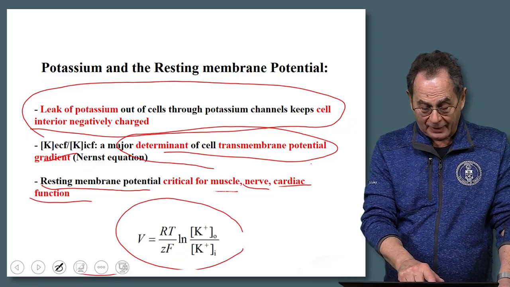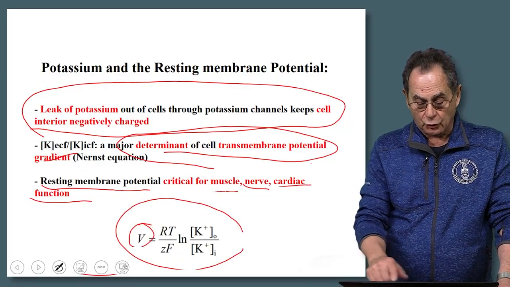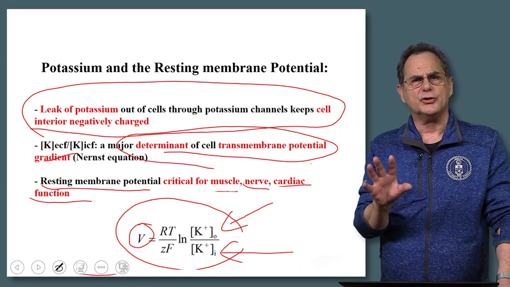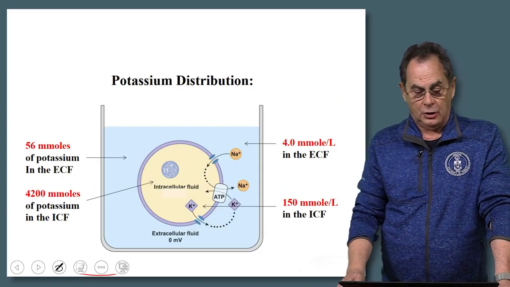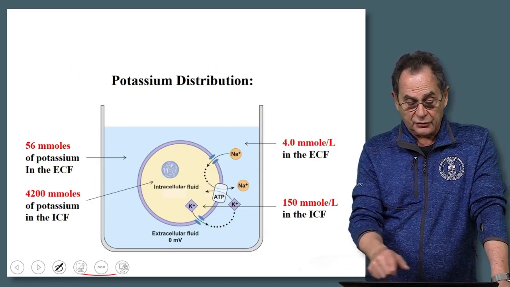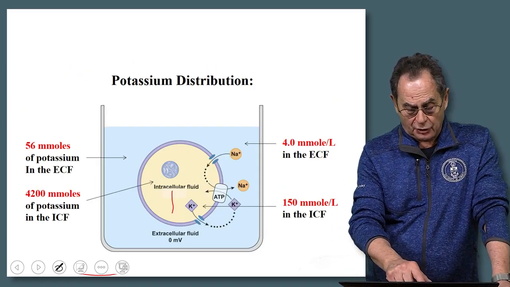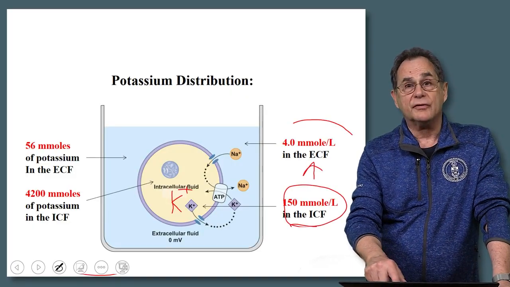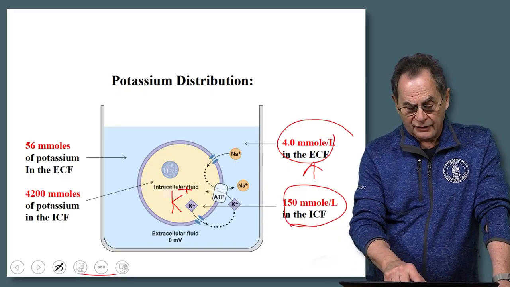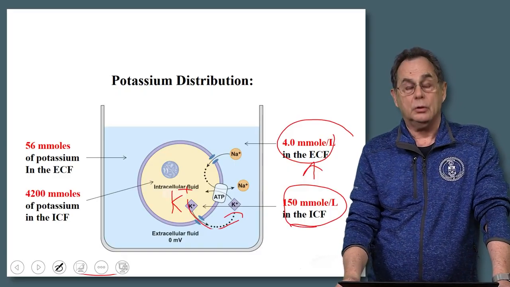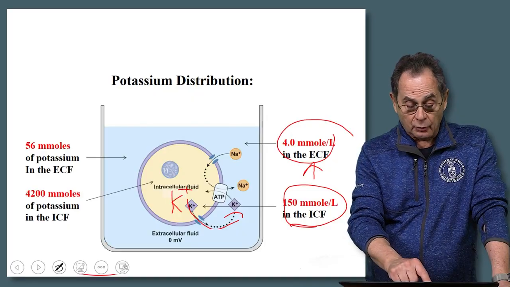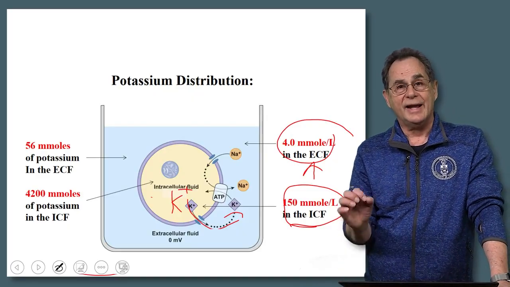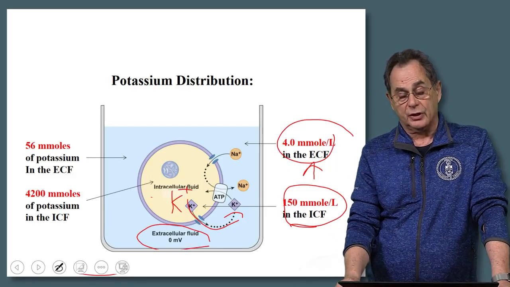It's meant to show that that potential gradient is a function of the potassium concentration inside and outside of the cell. So let's go back, and we can see, indeed, that the potassium concentration, very high inside of the cell relative to outside of the cell, drives potassium out through these potassium channels, generating an intracellular negativity relative to the extracellular space.